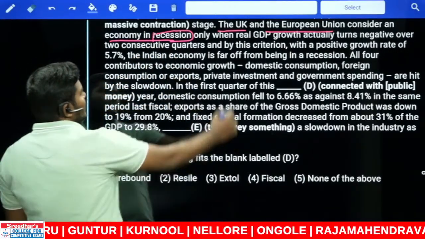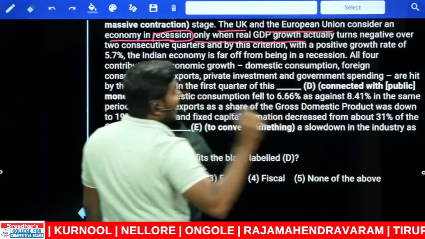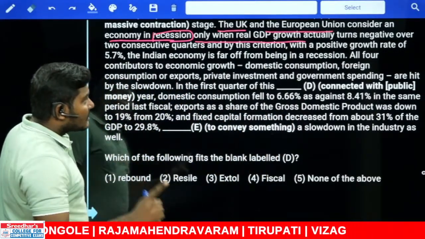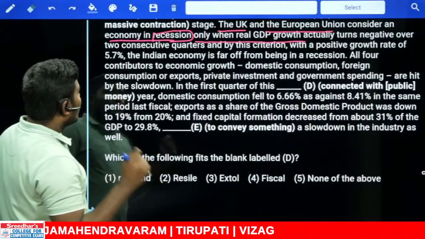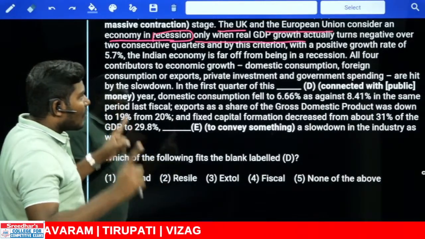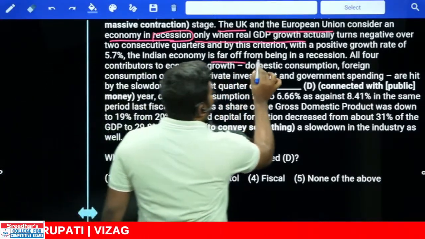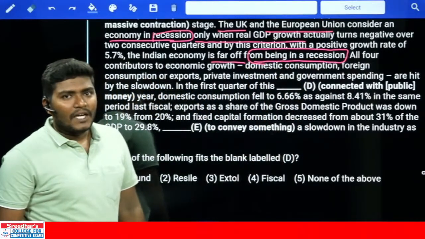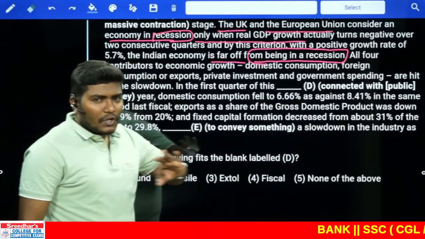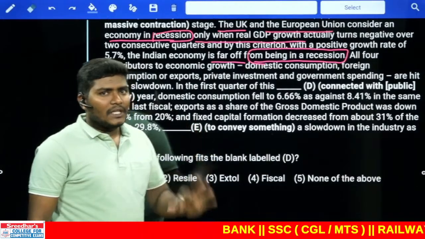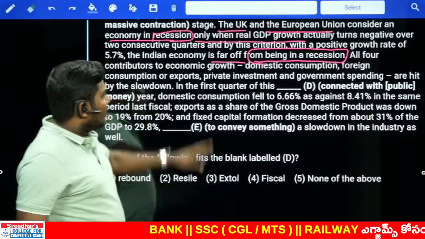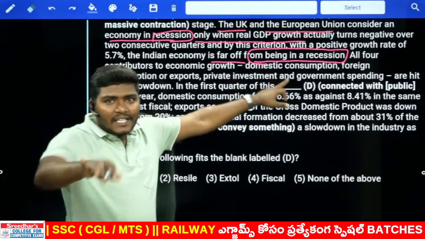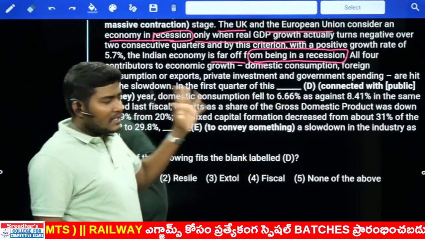Recession only when real GDP growth actually turns negative over two consecutive quarters, and by this criterion, with a positive growth rate of 5.7, the Indian economy is far off from being in a recession. It's not in a recession. Okay, that is the statement given.